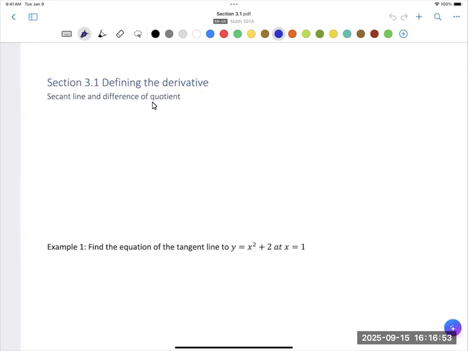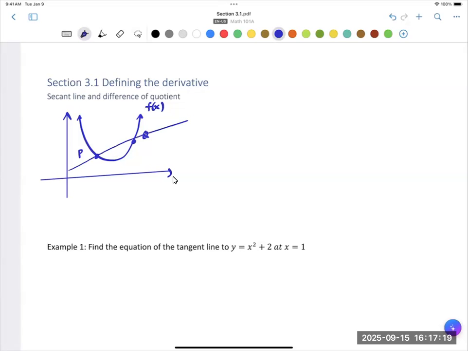So in calculus, or in mathematics, let's say you have a graph. I'm going to pick any 2 points on the graph and call them P and Q. If you have a graph of a function f of x and any 2 points P and Q on it, connect those 2 points with a line.